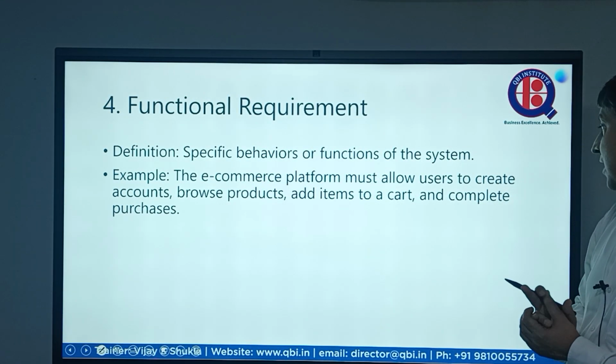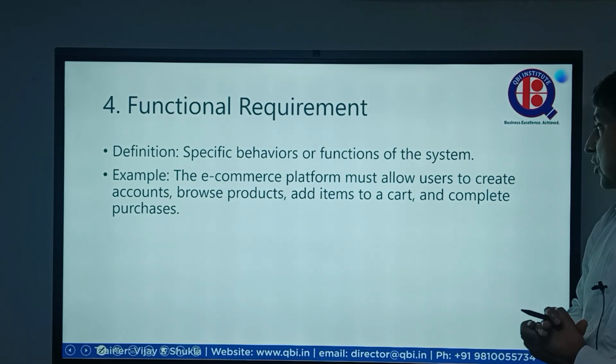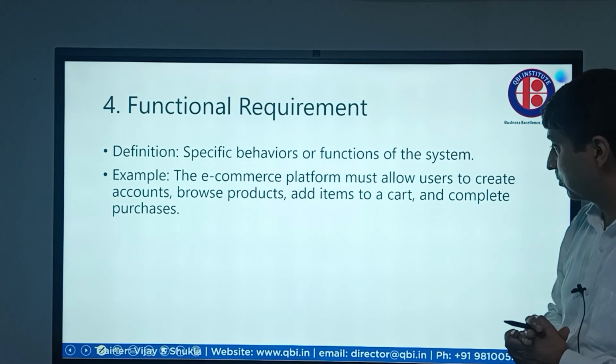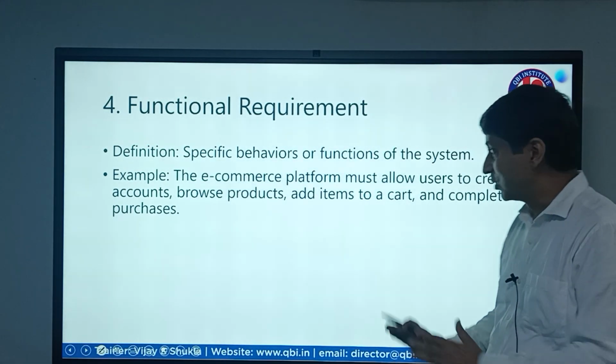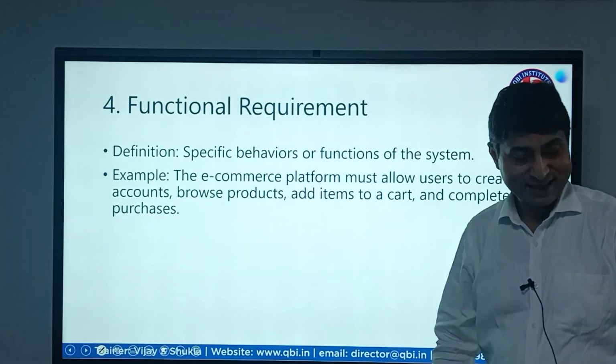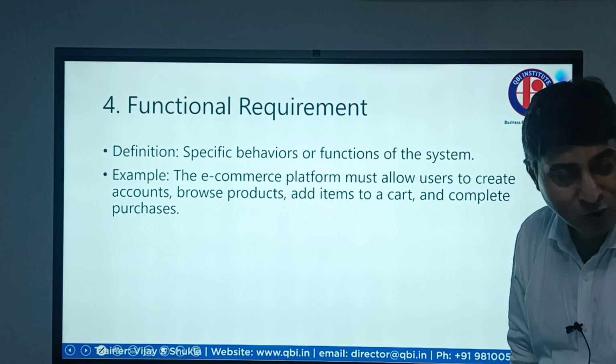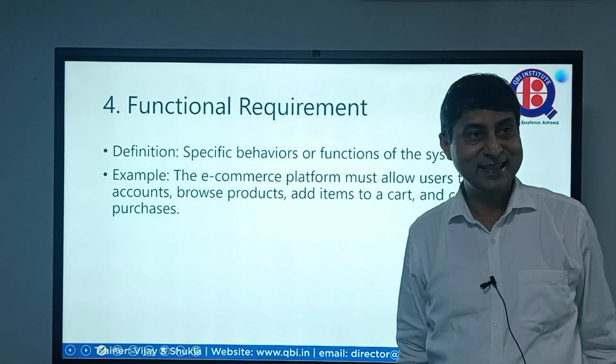Example: the e-commerce platform must allow users to create an account, browse products, add items to cart, and complete purchases. Now this is not one requirement. These are multiple functionalities. No point clubbing all of them together.